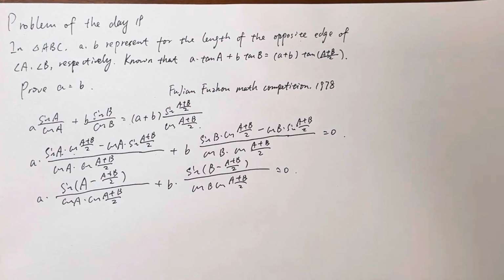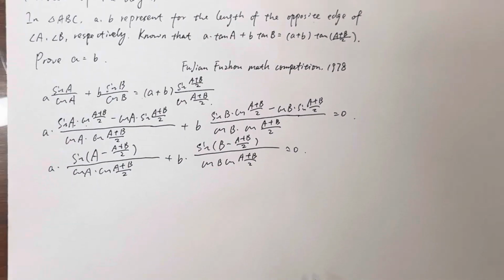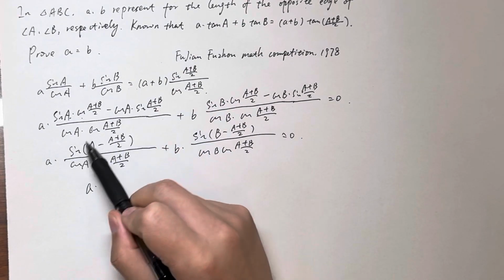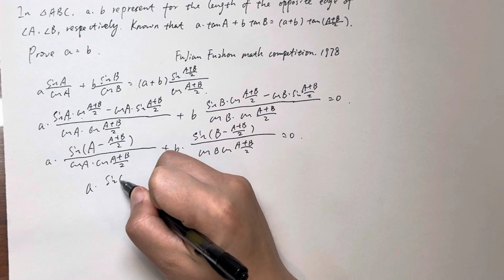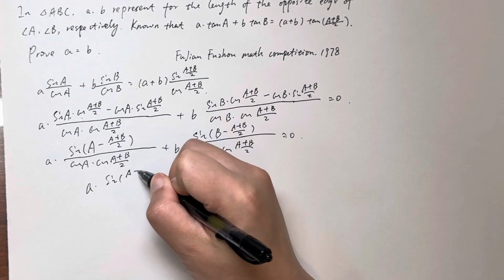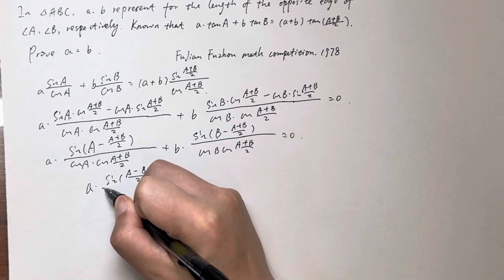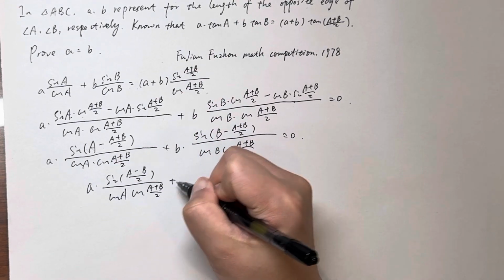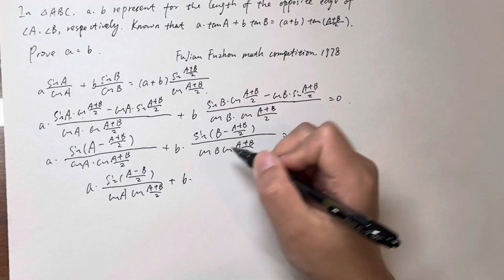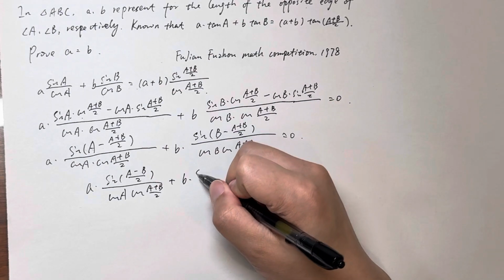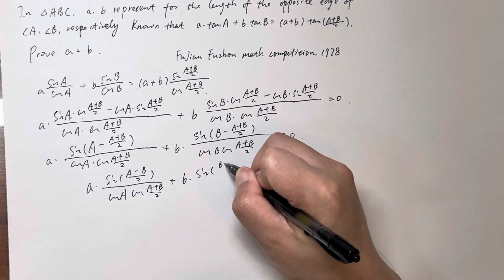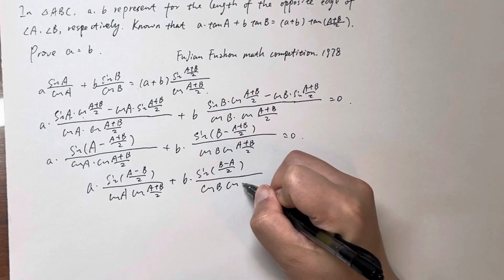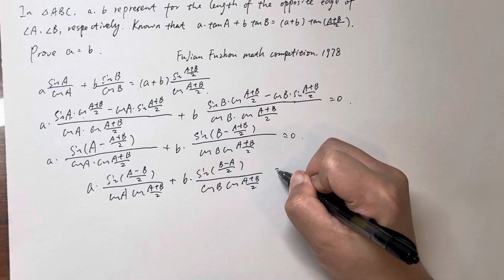This one equals 0, right? And we can get a times sin of (A minus B)/2 times cos of (A plus B)/2 plus b times this one, which is sin of (B minus A)/2, and divided by cos B cos of (A plus B)/2 equals 0.